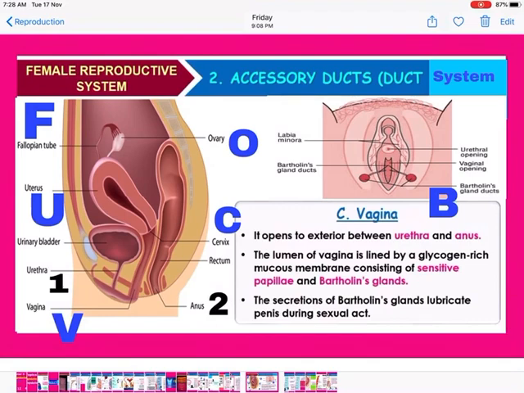The lumen of vagina is lined by glycogen rich mucous membrane. So there is a mucous membrane present in the lumen of vagina consisting of sensitive papillae and Bartholin's gland. What is the role of this Bartholin's gland in this vagina? These glands secrete and they help in the lubrication of penis during sexual act.